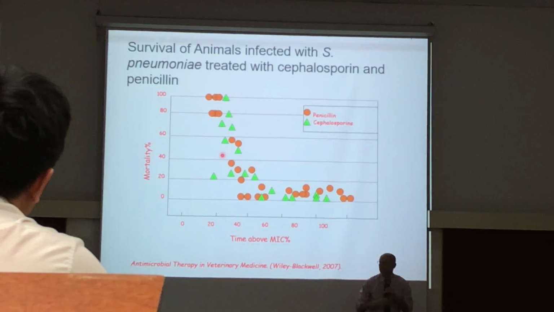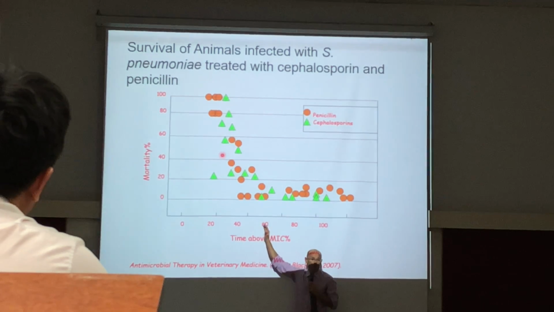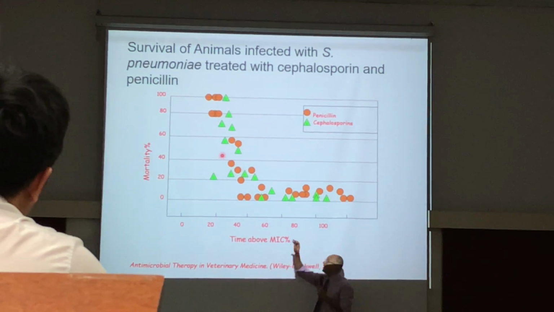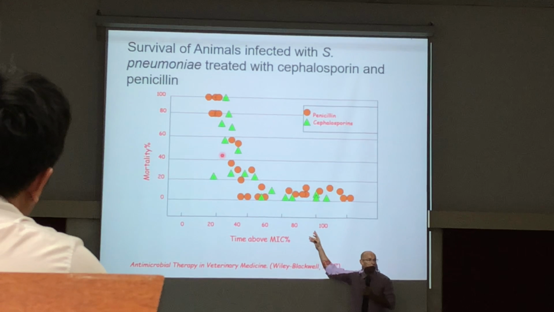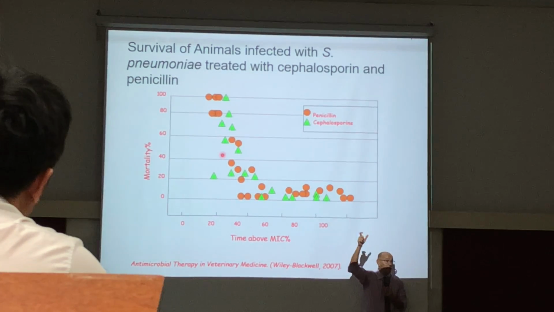What it means? It means that if I have saved all my animals after 14 hours of concentration above the MIC, and I have no more improvement, why should I keep the concentration still there, still high? I can just have side effects.